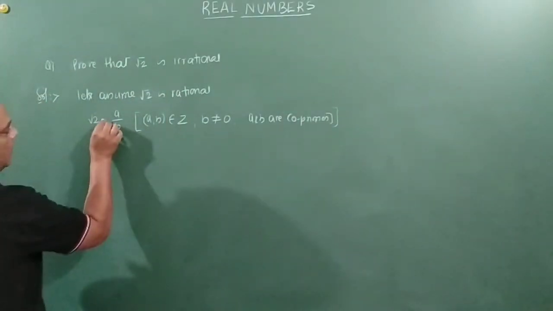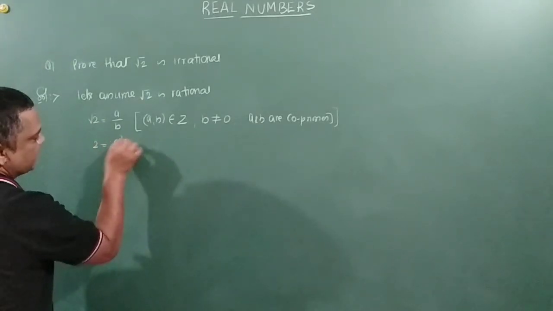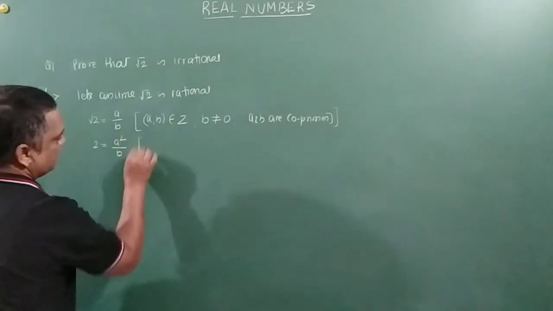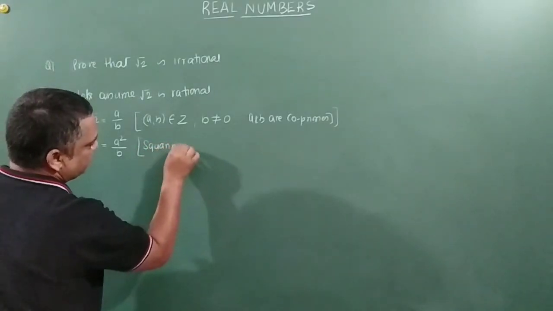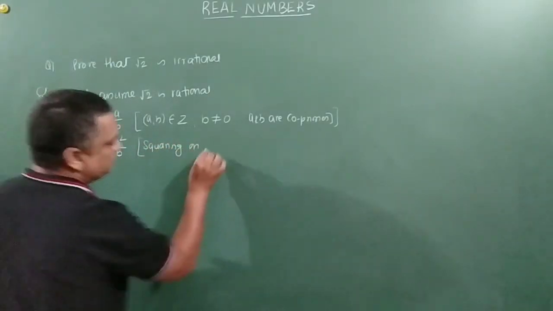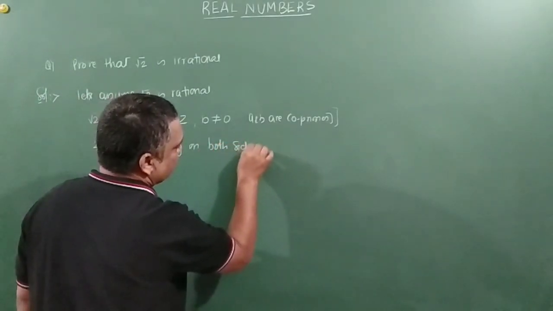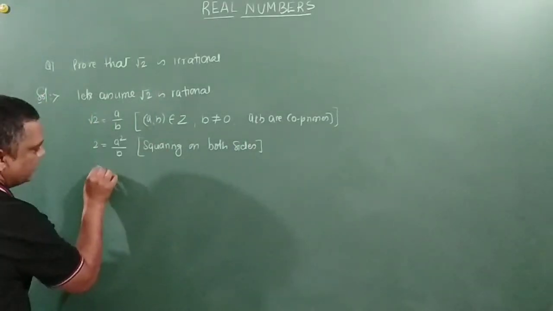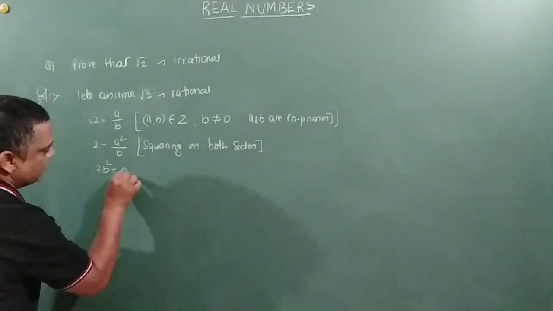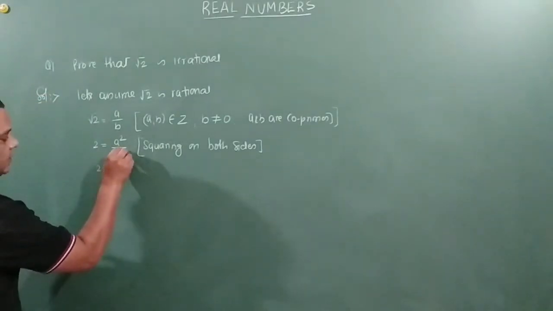Now we can very well write that 2 is equal to a square by b square, squaring on both the sides. Now we can write 2b square is equal to a square, transposing the term this side. Sorry, this will be b square.